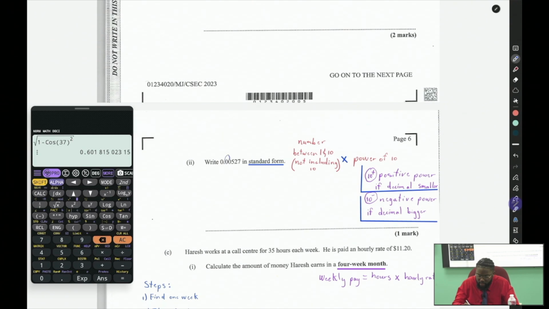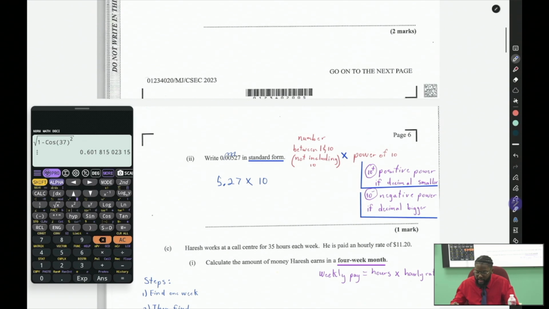So we jump once, then twice, then another time to be between the 5 and the 2, because 5 is in between 1 and 10, so 5.27 would be our first number. However, we're going to multiply it by a power of 10, and there are some rules that apply.